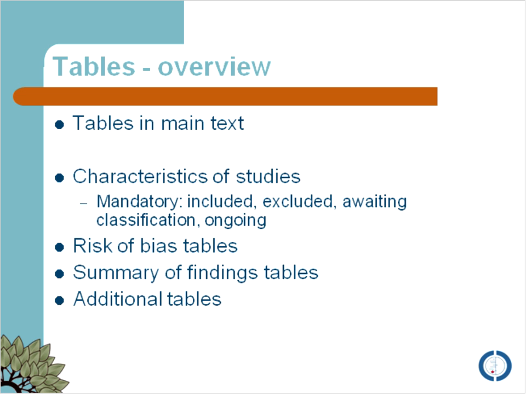It's not allowing me. Okay. The first one is adequate sequence generation. You would answer that at the study level. Allocation concealment, of course, you would as well. And selective reporting bias, you also answer at the study level. For items such as blinding or incomplete outcome data, you need to answer on an outcome-by-outcome basis.